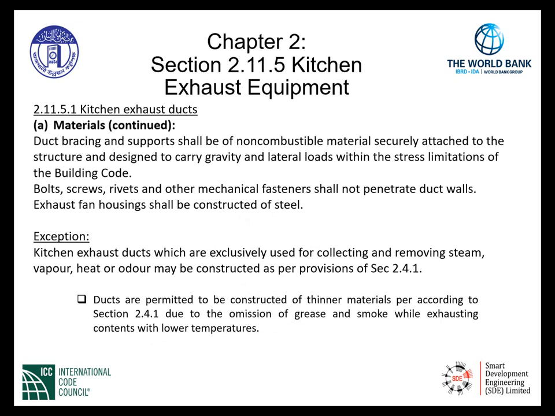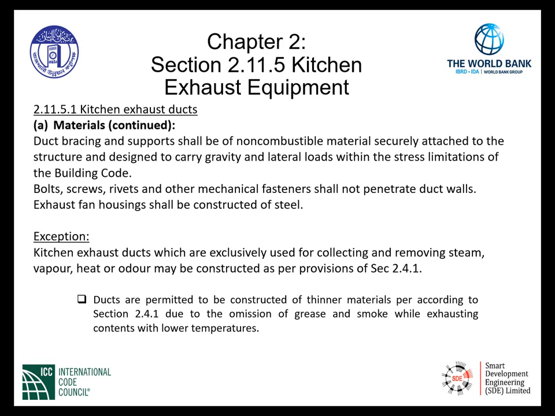Section 2.11.5.1 Materials Continued, item number A. Duct bracing and support shall be of non-combustible material, securely attached to the structure and designed to carry gravity and lateral loads within the stress limitations of the building code.